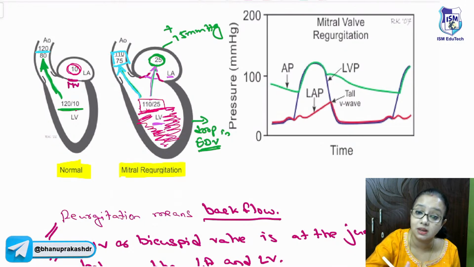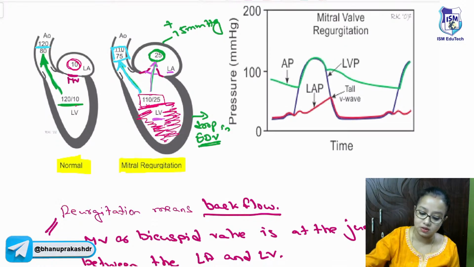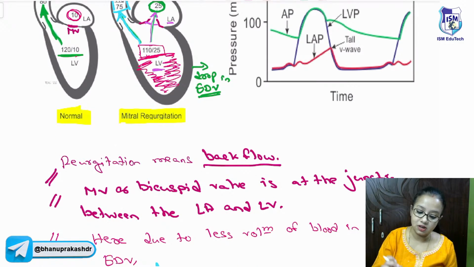That has become less in case of mitral regurgitation. So when the volume is less, automatically the ventricle will have a tendency to exert more pressure.